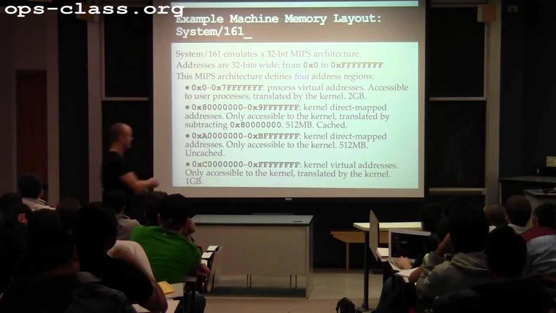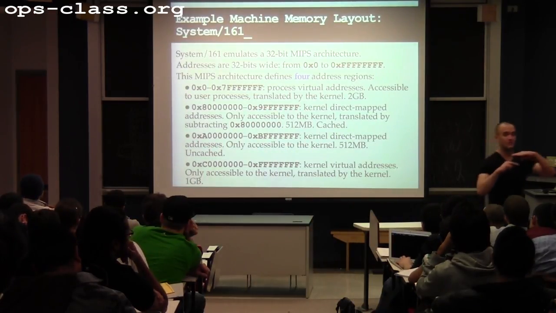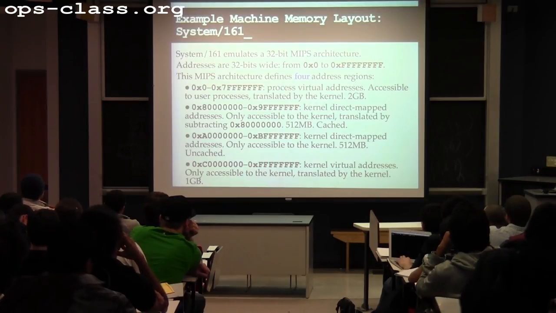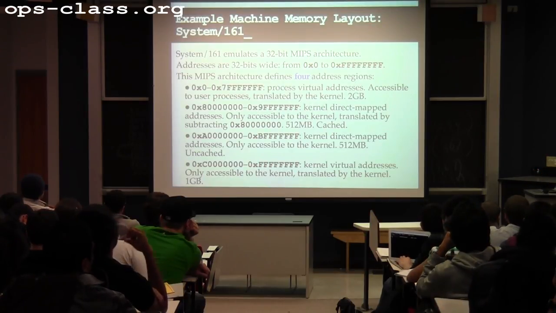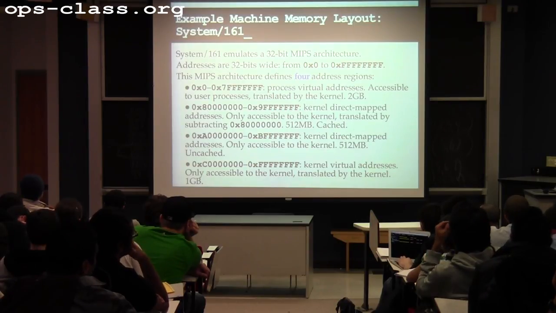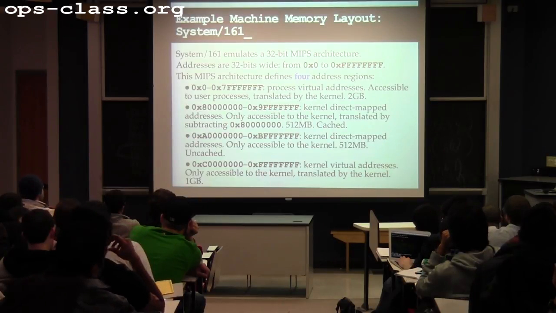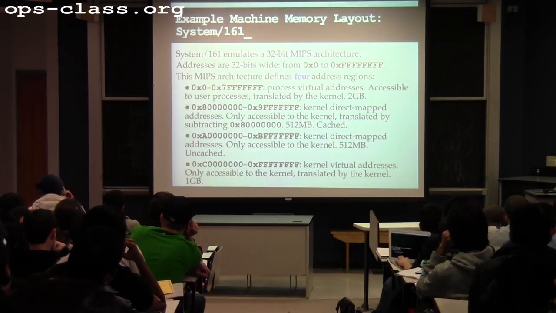And finally, all of these addresses are translated by the memory bus itself, right? In this case, they're just translated by subtracting 0x80 million for that top area. For the second area, the hardware, there's going to be some hardware-specific way to map that to a port on some device. Up here at the top gigabyte are kernel virtual addresses, right? So this is very similar to process virtual addresses.